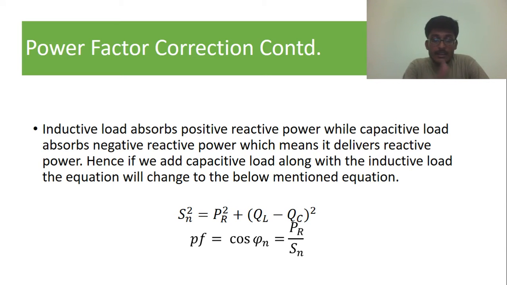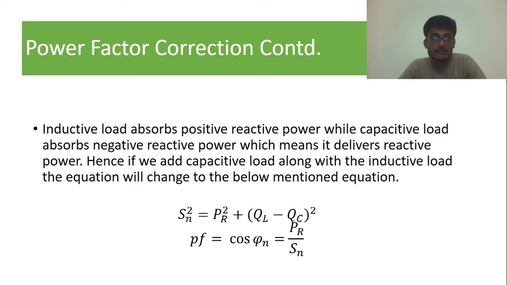See, Sn square, the new apparent power squared, is equal to PR square. The active power is the same because my load is the same. I am not doing any change in the load. So the active power is the same, but what I am doing is adding a capacitive load.